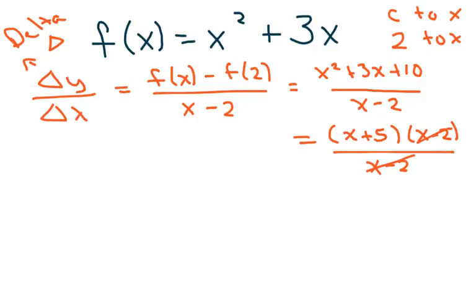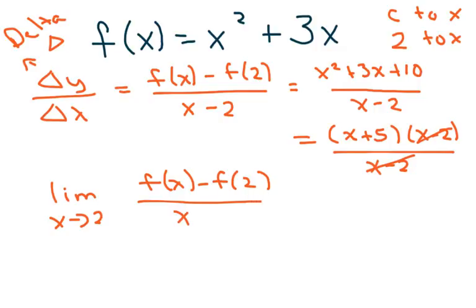This cancels, so when you find the limit as x approaches our constant 2 of f of x minus f of 2 over x minus 2, equals the limit, I'm going to skip here, as x approaches 2 of x plus 5, and that equals 7. You just plug in the 2 here.